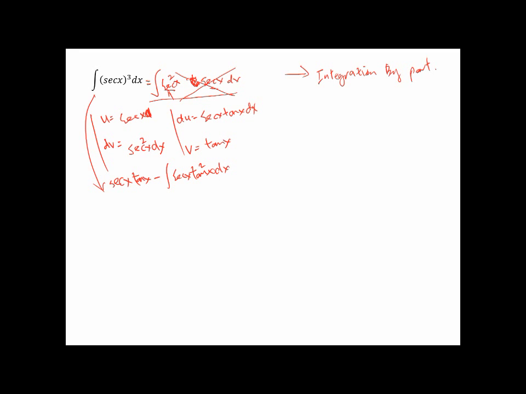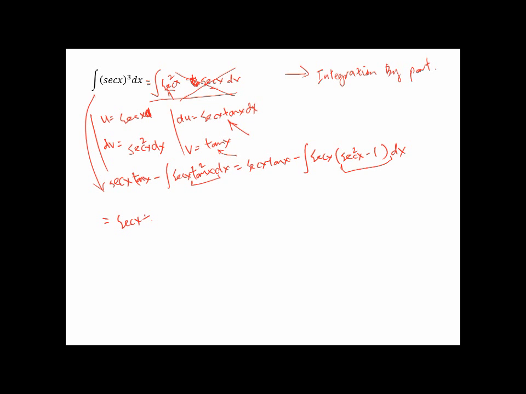So I do the same thing. I want to bring tangent in, and I find here I can use my formula, which goes to secant x tangent x minus secant x times, rewrite this into tangent square, right? So I keep working on it.